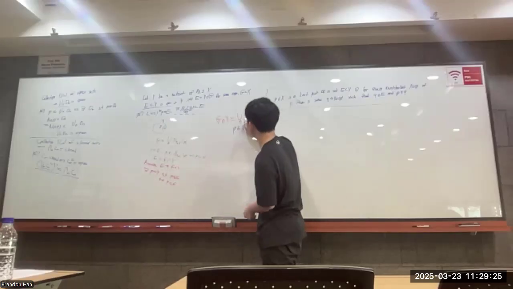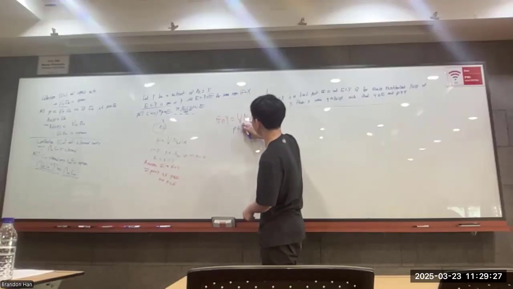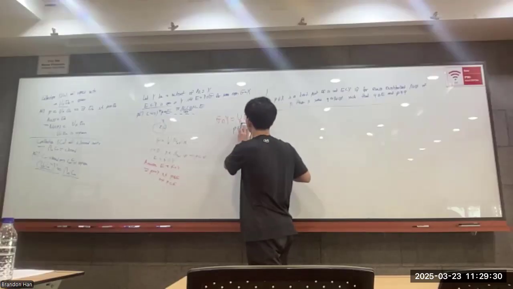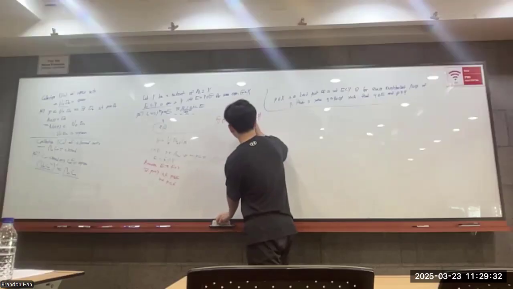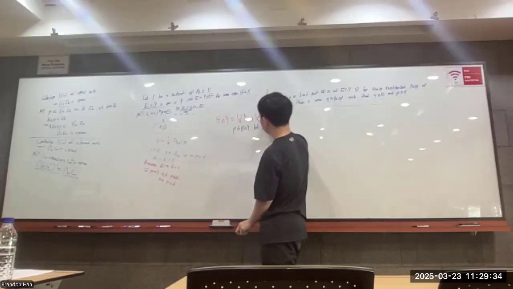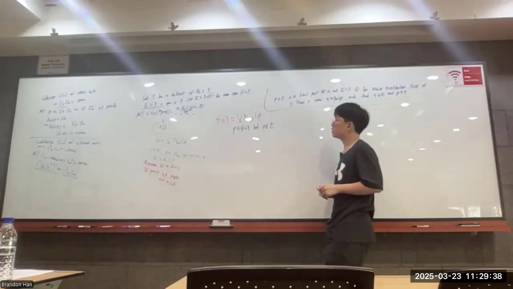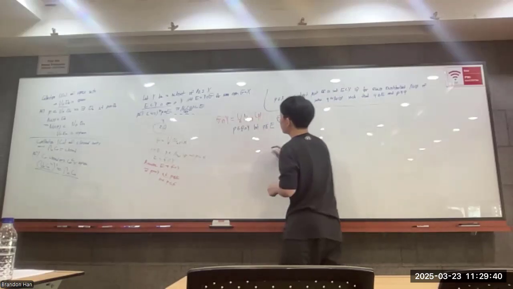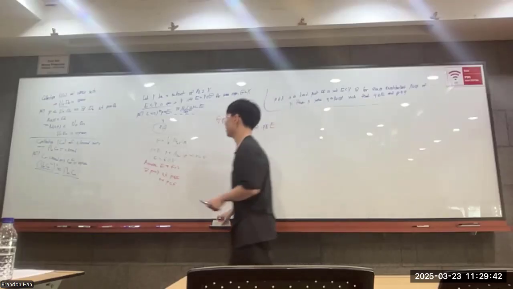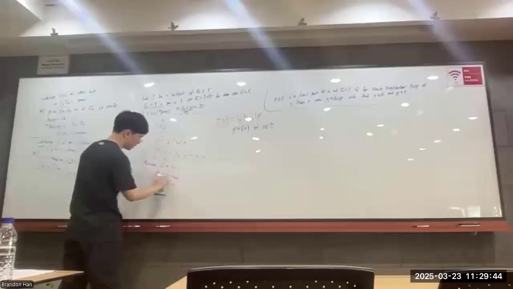So P has to be in the intersection of G and Y. But P is not in E. So actually, I should not put P here. Let's put Q.